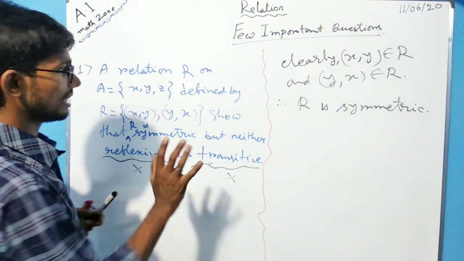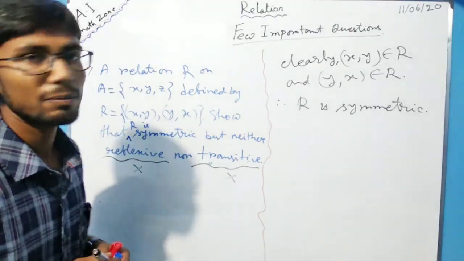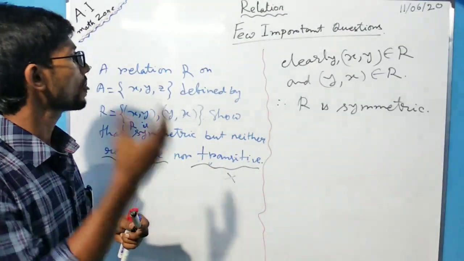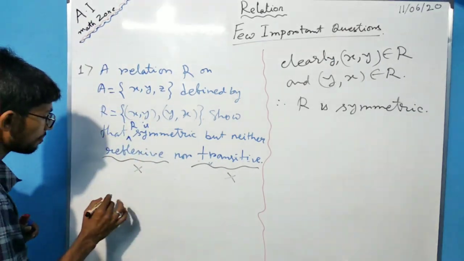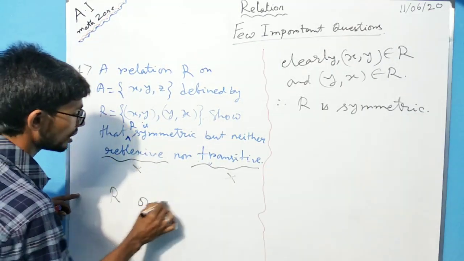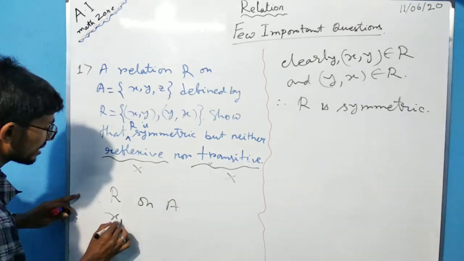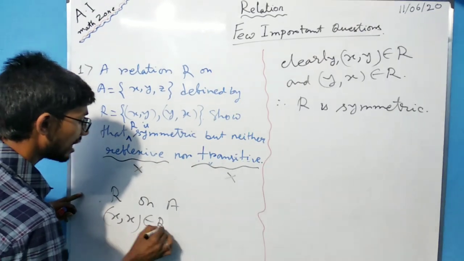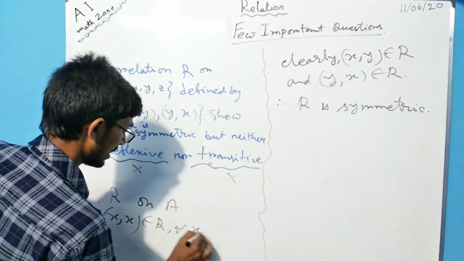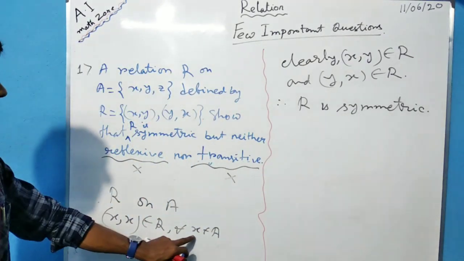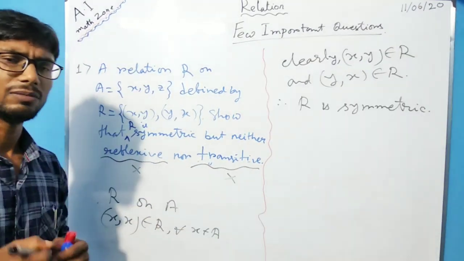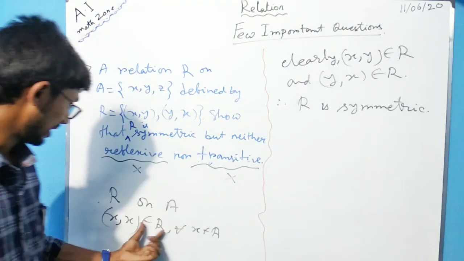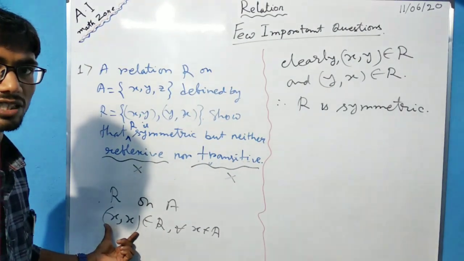So next, reflexive. Reflexive होने के लिए क्या जरूरत होता है? Suppose R is a relation on A, then (x, x) belongs to R for all x belongs to A. A के अंदर जितने सारे एलिमेंट्स है, वो सारे एलिमेंट्स को खुद के साथ रिलेट होना पड़ता है. So this is the definition of reflexivity, right?